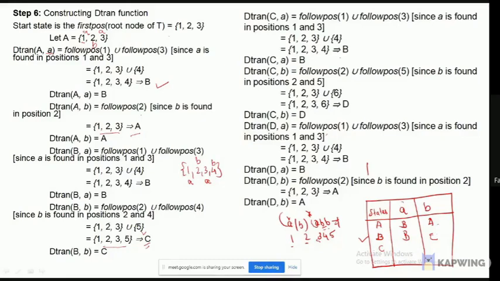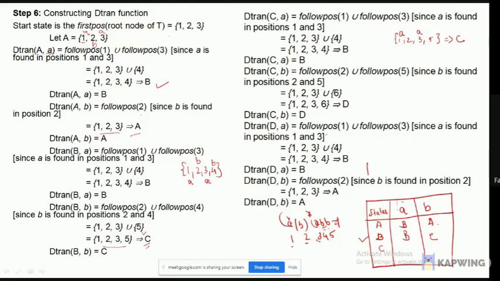As we processed the transition for B, now let's move on to C. What is the DFA transition on a? What are the positions here in C? 1, 2, 3 and 5. Out of that, 1 represents symbol a, 3 represents symbol a, 2 represents b and 5 also represents b. So let's take the follow position of 1 and follow position of 3. Same as the transition of B on a, the same thing will come: 1, 2, 3 and 4.